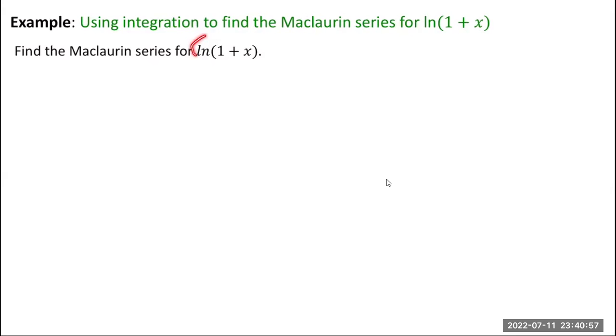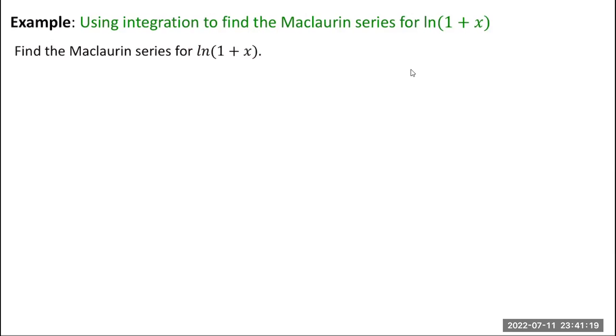In this case, you need to view this given function as the integral of a function whose Maclaurin series is known. Can you think of a function whose integral is this function, and you know the Maclaurin series?